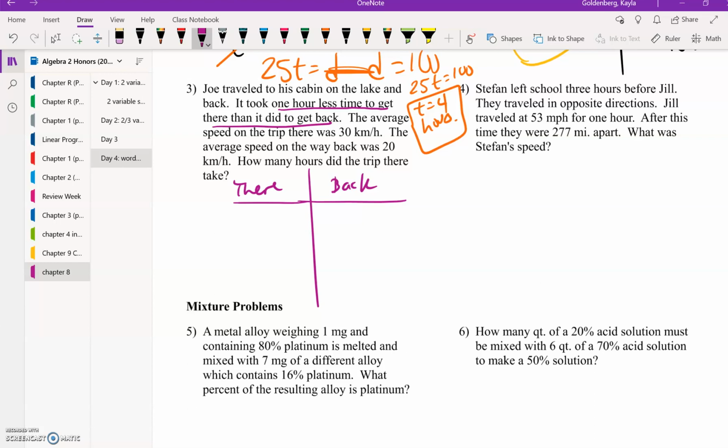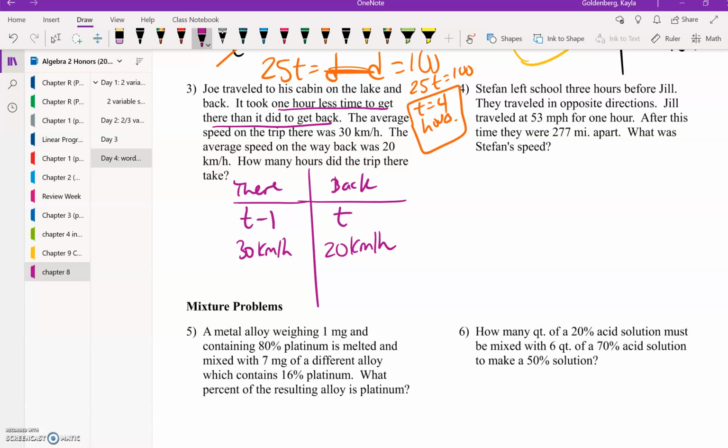So I'm going to call back time t, and going there it was time take away 1 because it was an hour less to get there. The average speed on the trip there was 30 kilometers per hour. The average speed on the way back was 20 kilometers per hour. So it looks like there was 30 kilometers per hour, back was 20 kilometers per hour. How many hours did the trip there take?